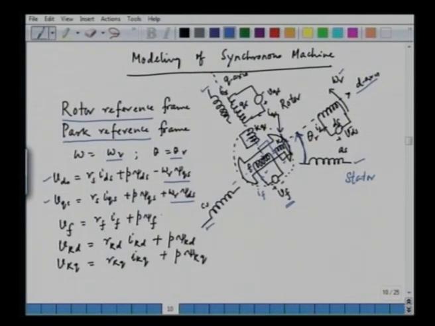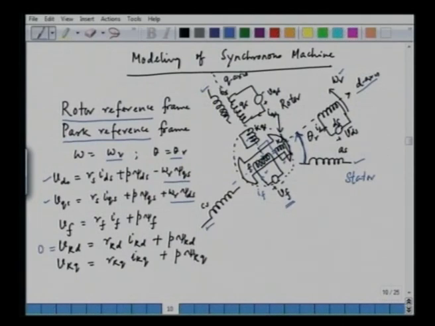This is for the field winding, and for the damper we have a D axis damper, called KD. K stands for the damper. So, in the D axis we can write VKD equal to RKD into IKD, the resistance drop, plus p psi KD, the induced EMF. The damper winding is usually shorted, so we can make this equal to 0.